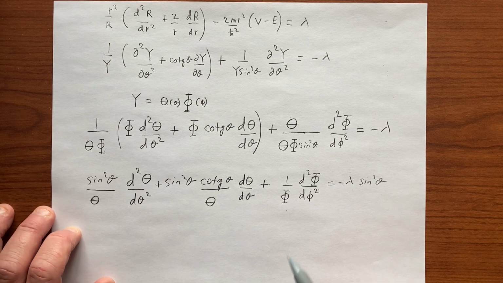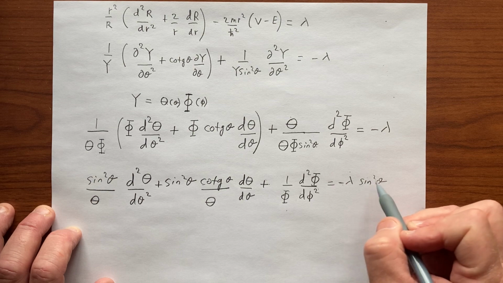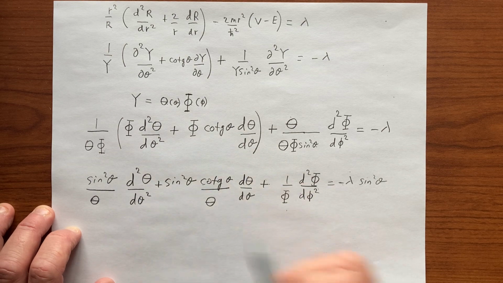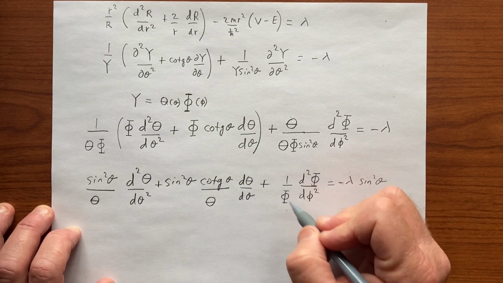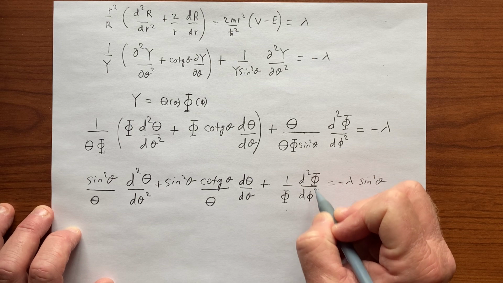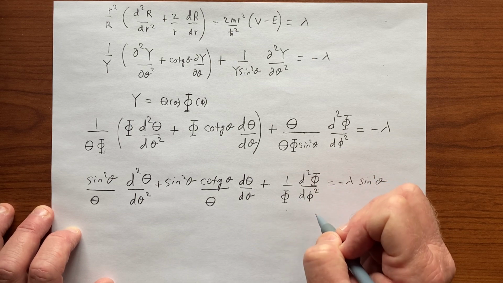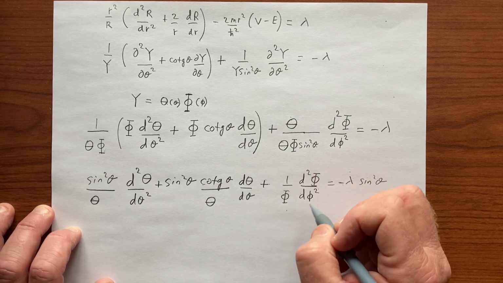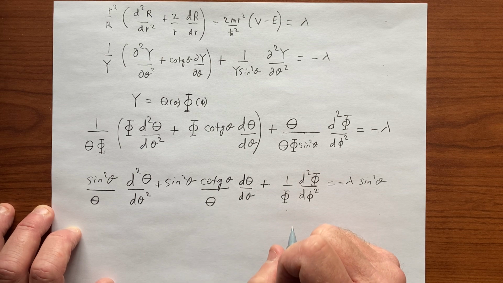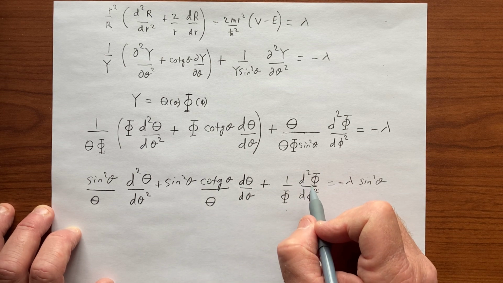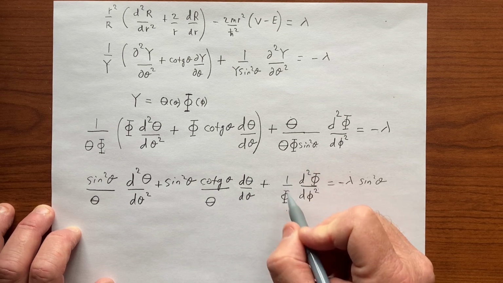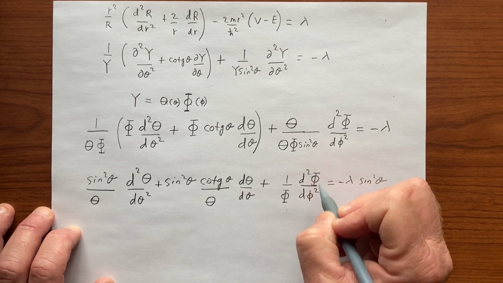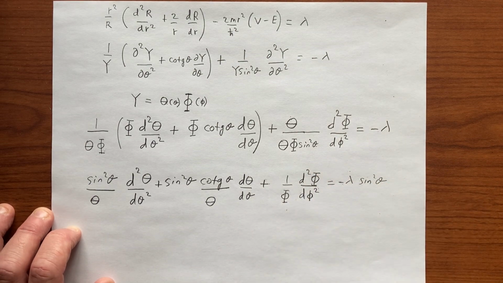So what we have here, as theta varies, this varies. As theta varies, these two terms can vary, can change. But this is at most only a function of phi. And so if phi is changing, this term must be, since it's at most a function of phi, it must actually not even be a function of phi. It must just be a constant.